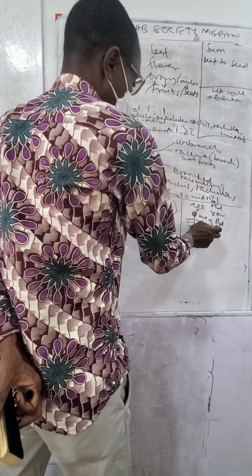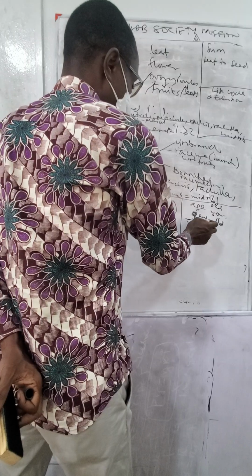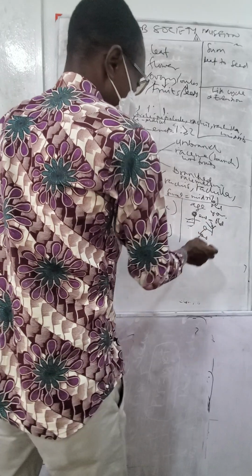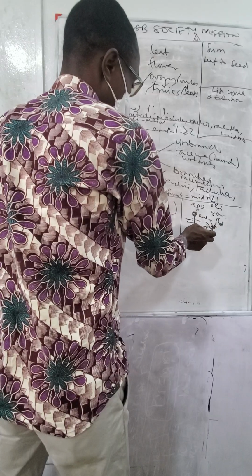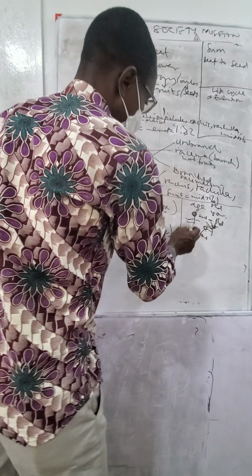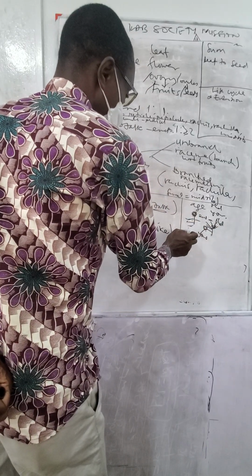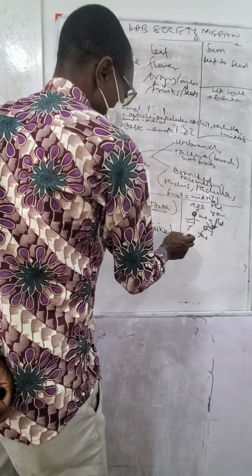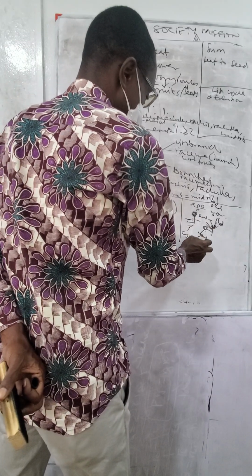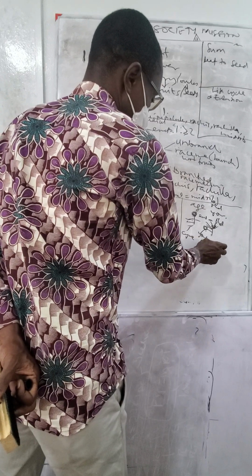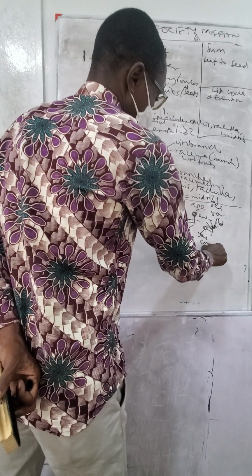Now if it is not blocked, then the young one will be on top, because it means you can add more above it. So the oldest one will be down here. Where the young one is on top, that is the cyme. Where the young one is on the side is the corymb.